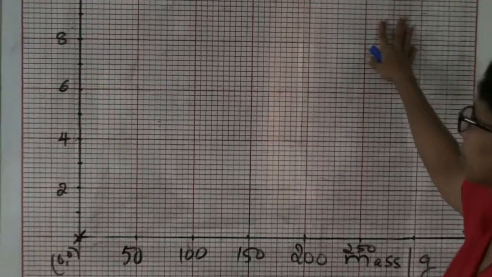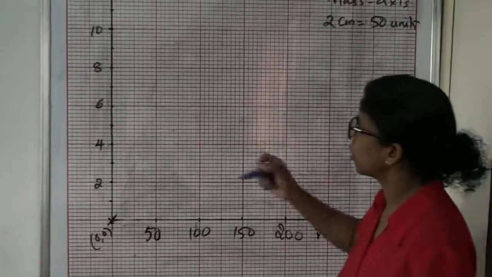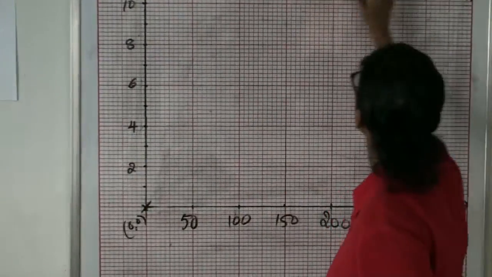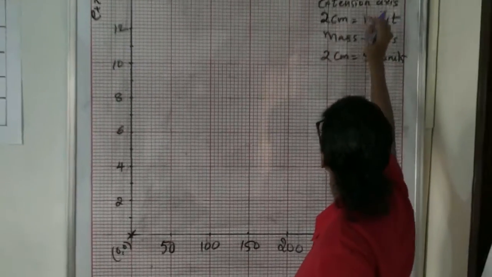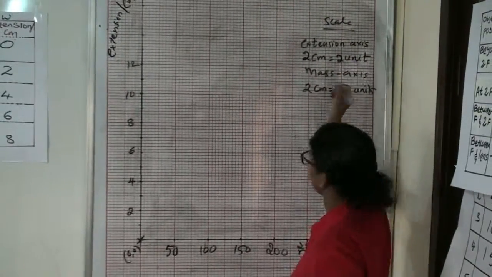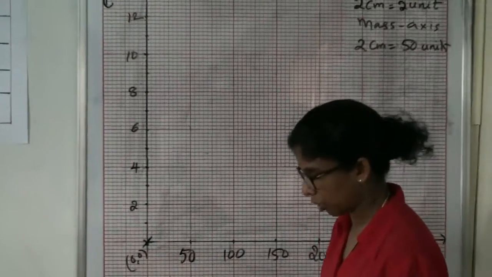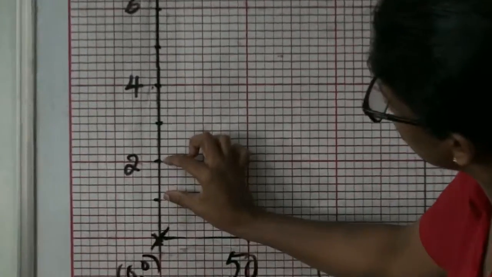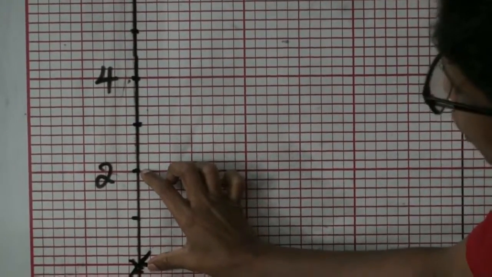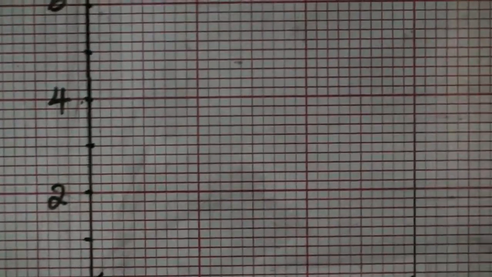If you have confusion, each one is 1 centimeter, and I can write here 2 centimeter is equal to 2 units.